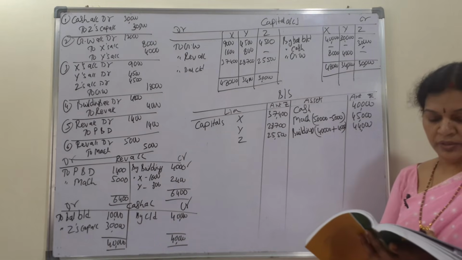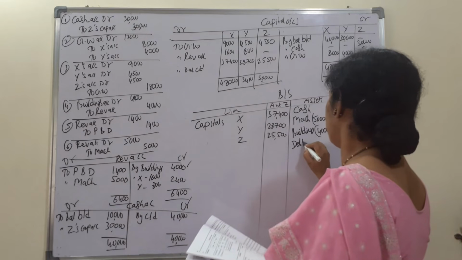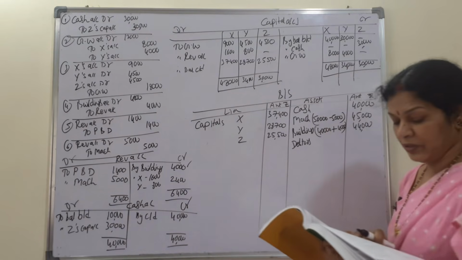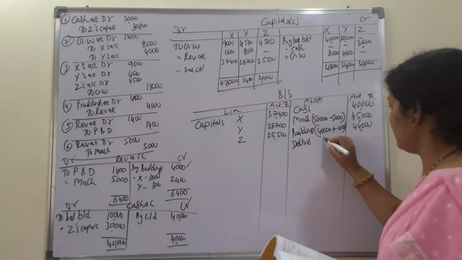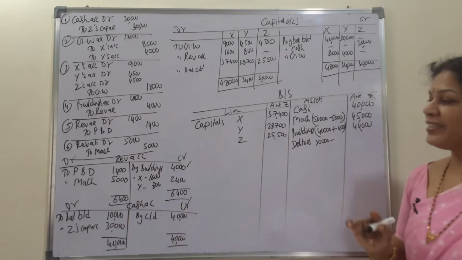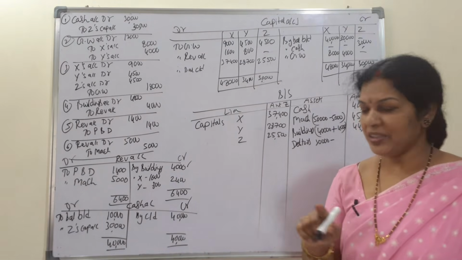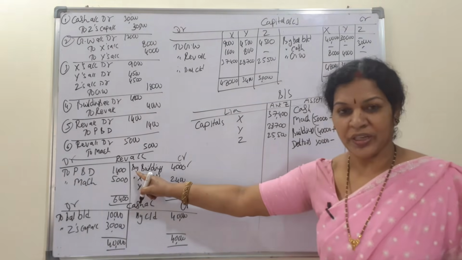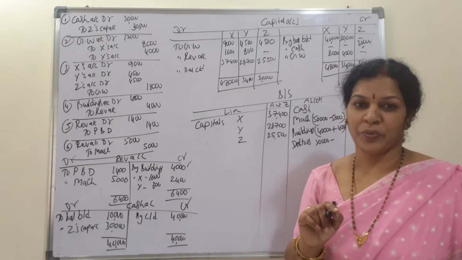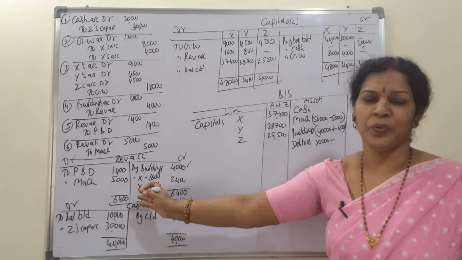After building, debtors. Debtors value is here 30,000 minus 1,000 that was already created, plus 1,400. Together it is 2,400. 1,000 anyway is deducted, to that we are adding 1,400.